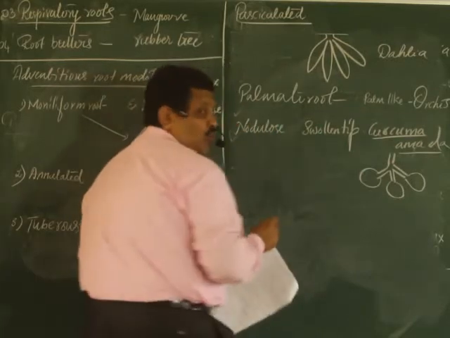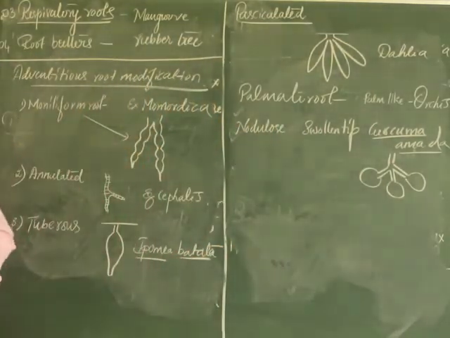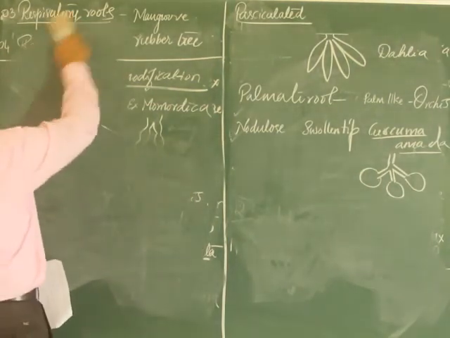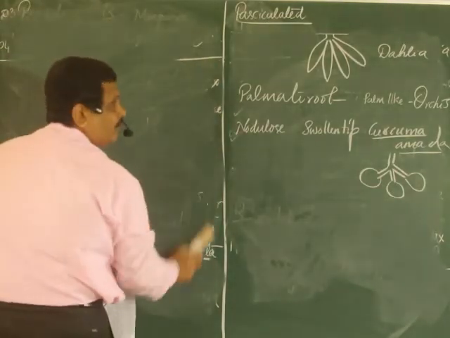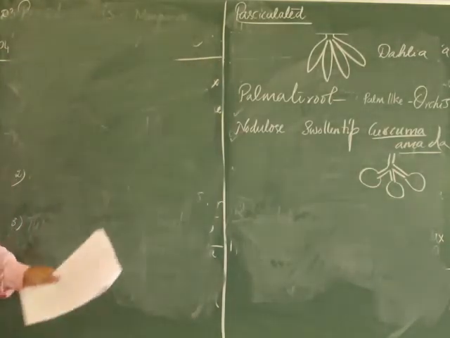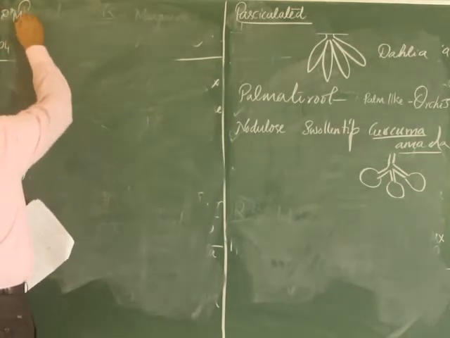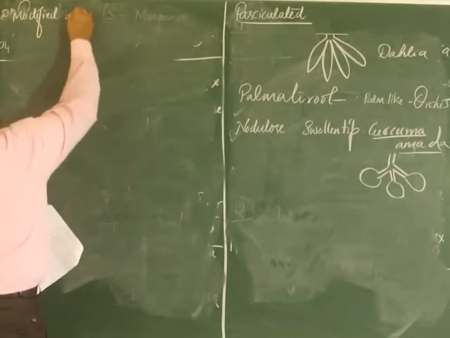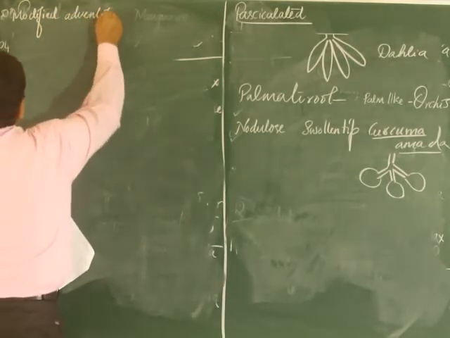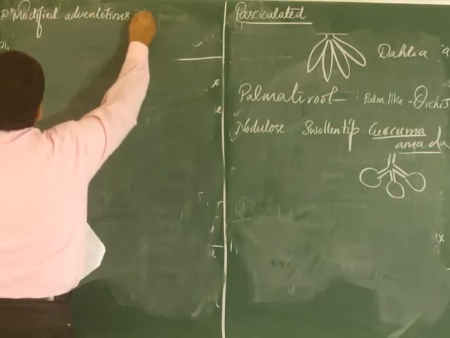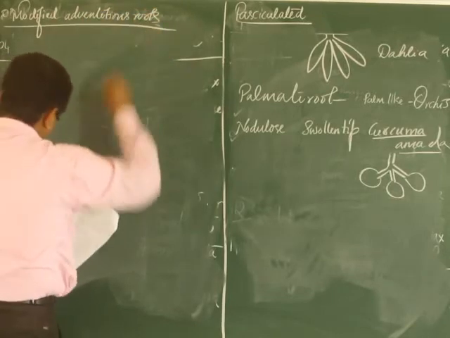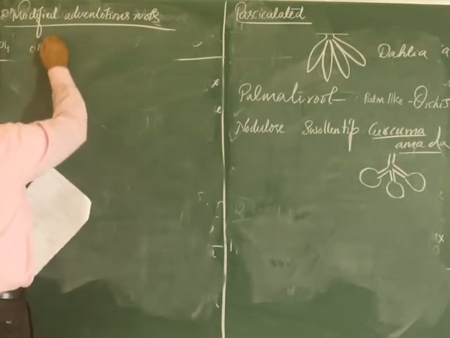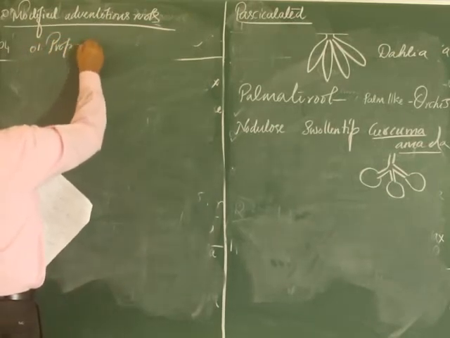So, modified adventitious roots are as follows. Prop roots, you might have seen in banyan tree.